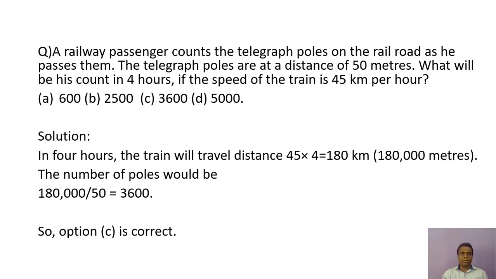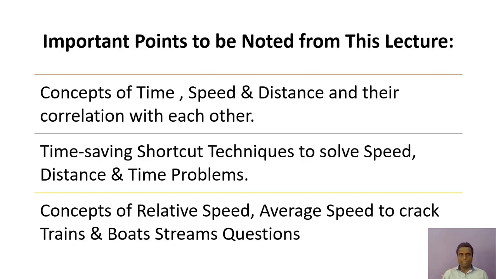So students, these were questions related to time, speed, and distance. Now we will recall whatever we have learned in this chapter. Concepts of time, speed, and distance, and their correlation with each other. We had studied the formula of speed equal to distance upon time, and also its relation with each other, like direct proportionality and inverse proportionality.